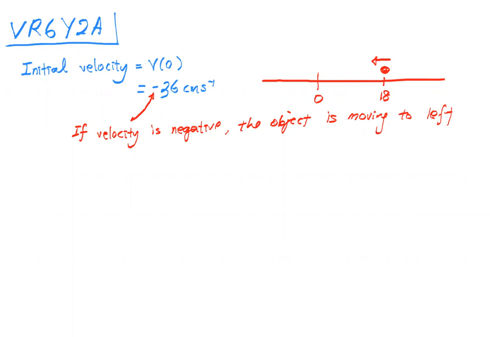If the velocity value is negative, conclusion: moving to the left. Nothing to do with its position. Are you clear? Okay, set. And it is moving to the left with the speed of 36 cm per second.